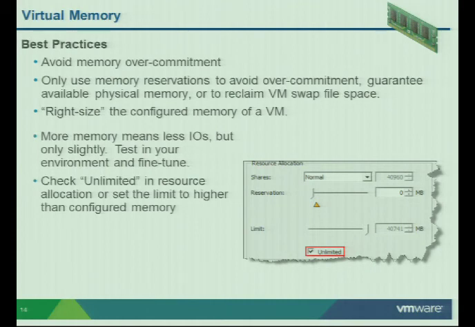The fourth bullet here: more memory means fewer IOs, but not really. I put that in there because we did a study a few years ago with Exchange 2010 on vSphere 4.1, where we created a VM to support 8,000 mailboxes. We created this VM per the Microsoft best practices, per the calculator. We gave it 72 gigs of RAM, and as expected, it ran fantastically. We then started taking memory away.